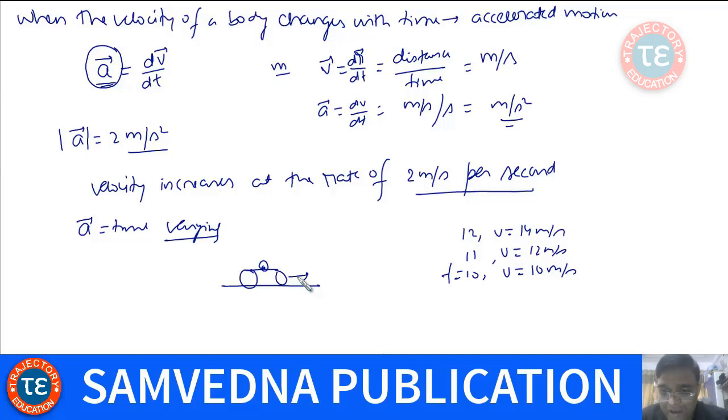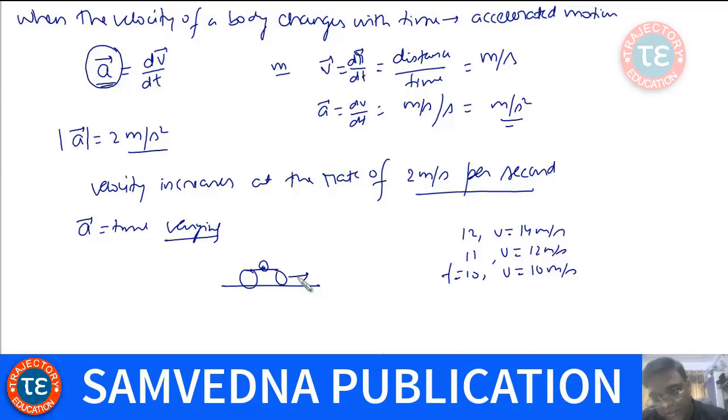Acceleration falls means velocity still increases, but at a decreasing pace. So we say acceleration falls. And constant acceleration means your velocity increases at a constant pace throughout.